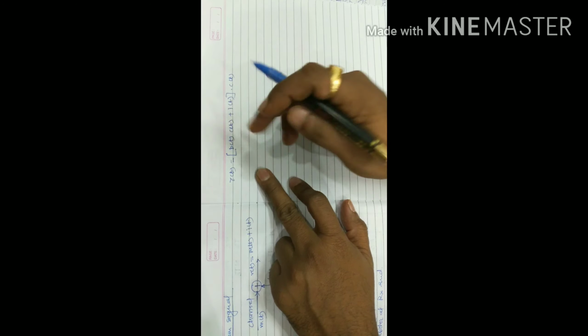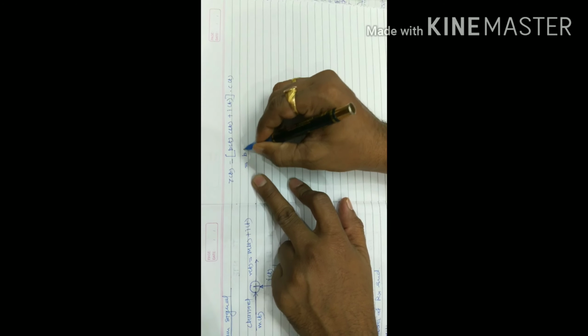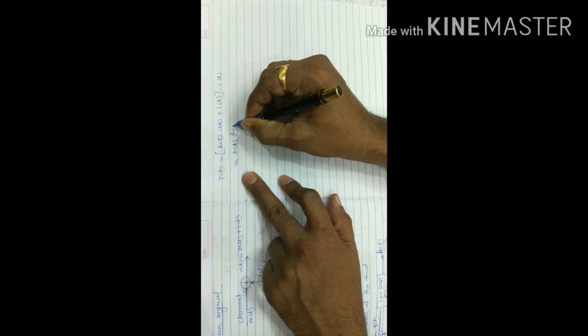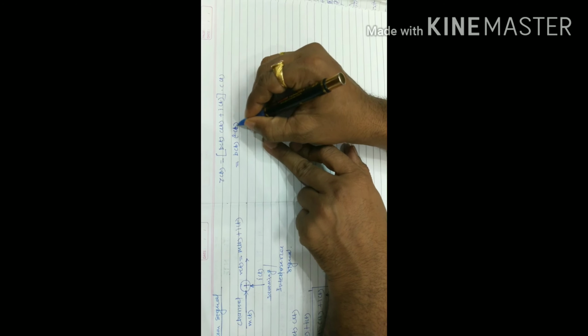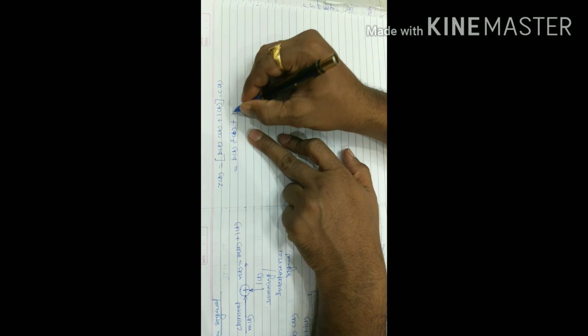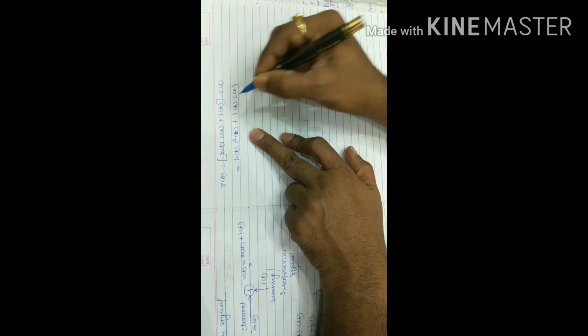If we multiply this equation, we will get b of t into c square of t plus I of t into c of t.